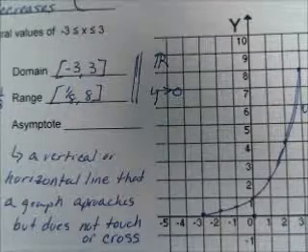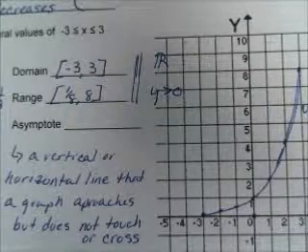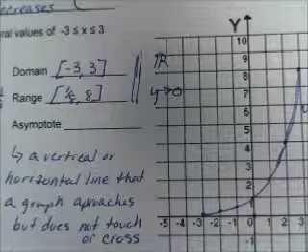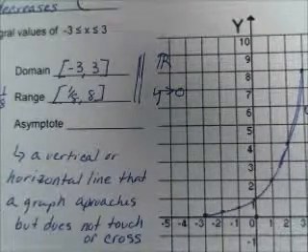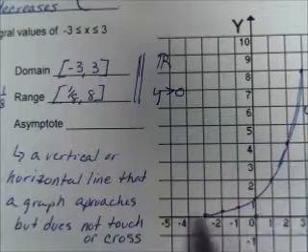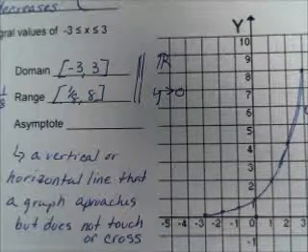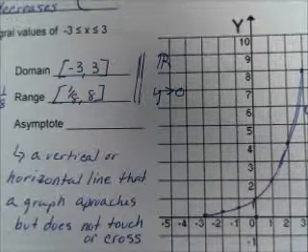Right? So an asymptote is a vertical or horizontal line that a graph approaches but does not touch or cross. All right, so our asymptote here is the x-axis. Right? This is never going to touch or cross the x-axis.